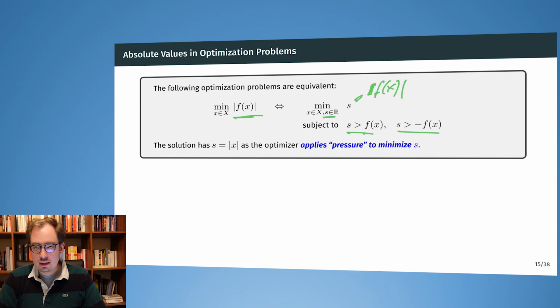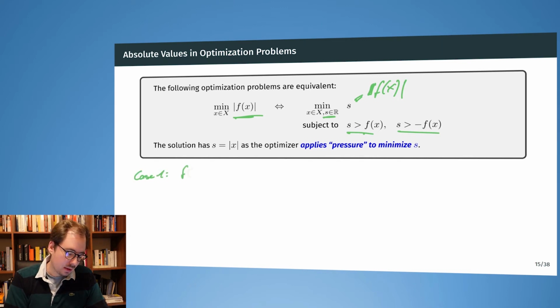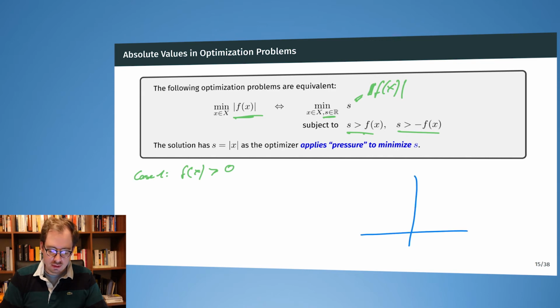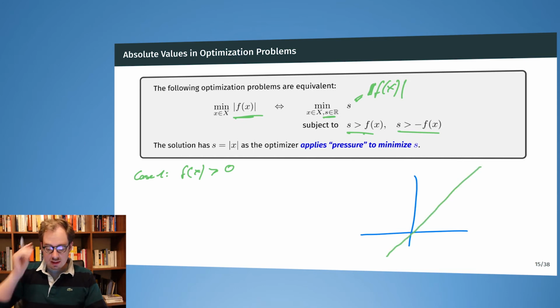In order to understand what happens here, we have to look at two different cases. So we have the first case where f of x is bigger than 0. And now the optimization problem looks as follows. We have here our coordinate system, and since we're minimizing s, it looks exactly like this. And the function that we're optimizing. And now we have added two inequality constraints.